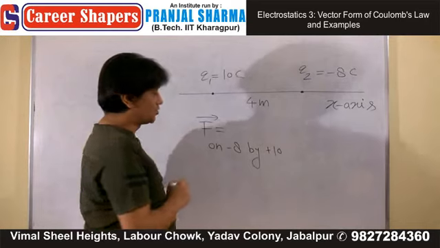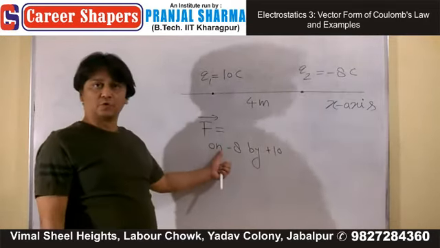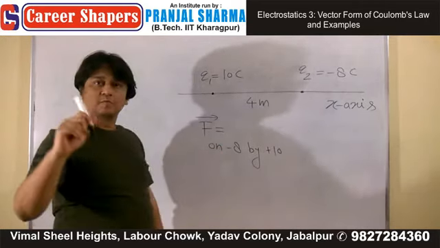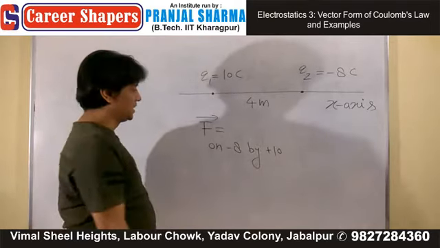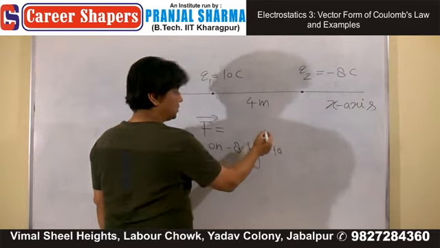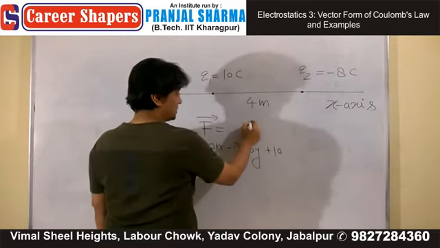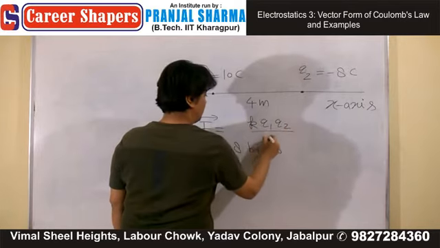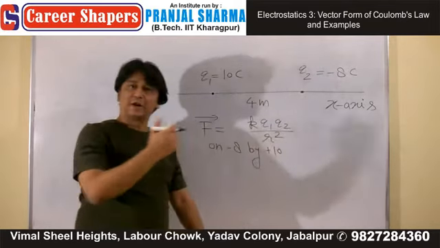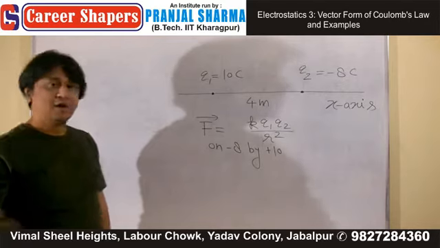How will you answer this question? We need force. Now, the very fundamental thing we should remember is what the magnitude is. Magnitude is K times Q1 Q2 upon R square. Simply write down this. Nothing special.